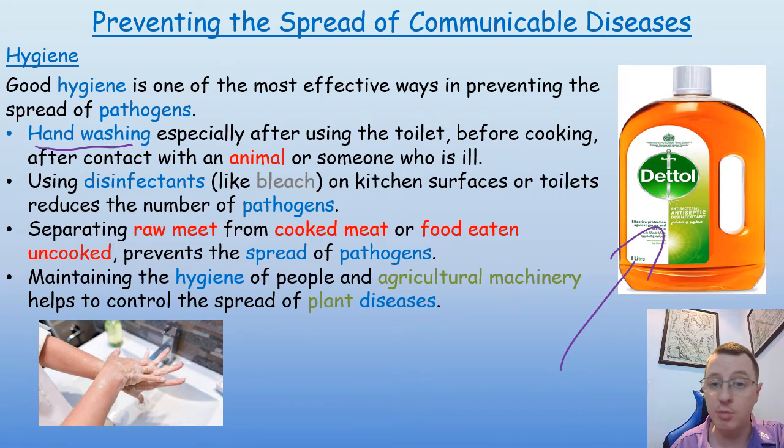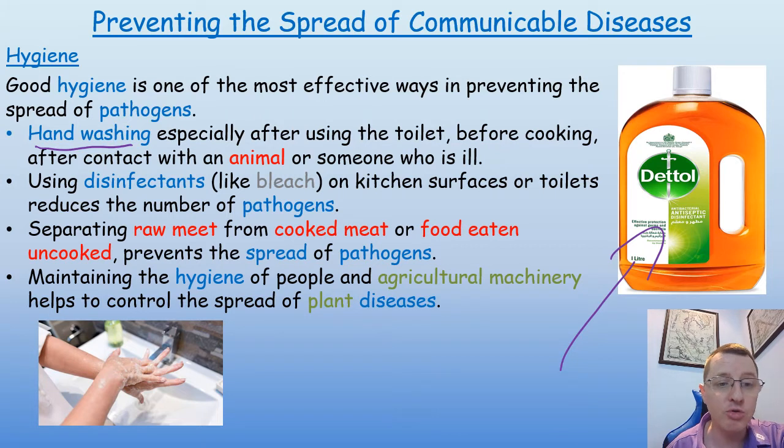Separating raw meat from cooked meat or separating raw meat from food that's eaten uncooked will prevent the spread of pathogens. For example, not letting lettuce, which you will eat uncooked, touch raw chicken, which is contaminated with a large amount of pathogens and needs to be cooked and heated up to destroy those pathogens before you consume it.